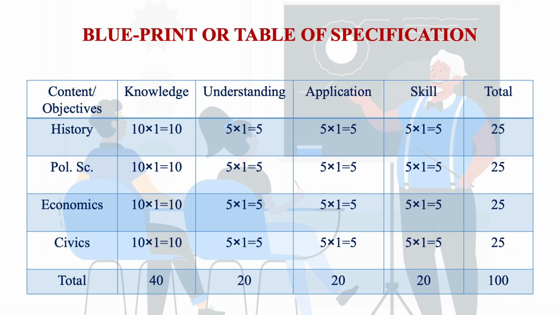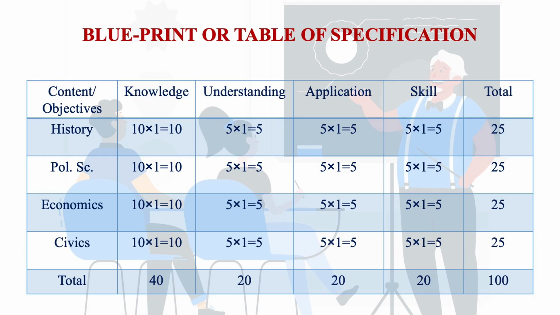Then weightage to objectives is knowledge 40%, and understanding, application and skill 20% each. Then the total items will be 100, the form of item will be multiple choice questions, and each question has 1 mark.